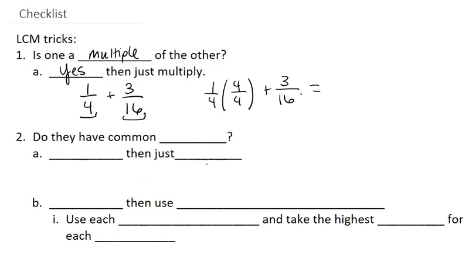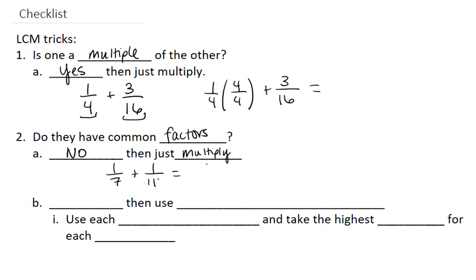The next question is, if the answer was no originally, then you would have to ask, do they have common factors? And if the answer is no, then just multiply. This would be if you have 1/7 plus 1/11 equals what number?